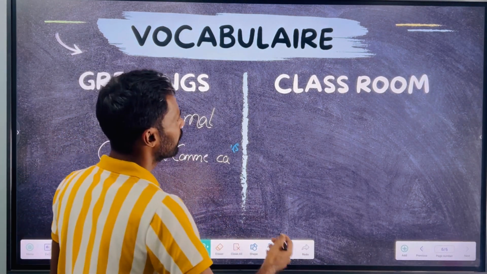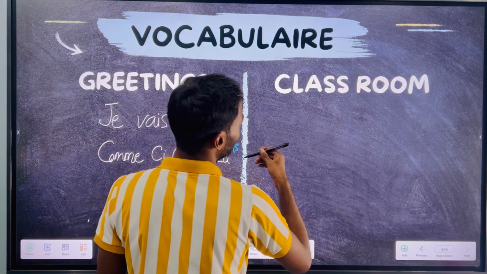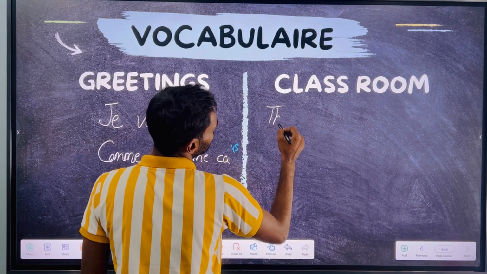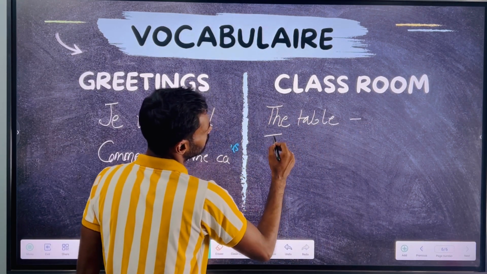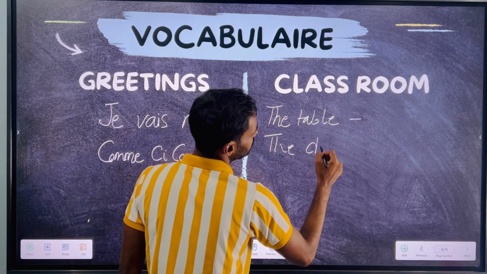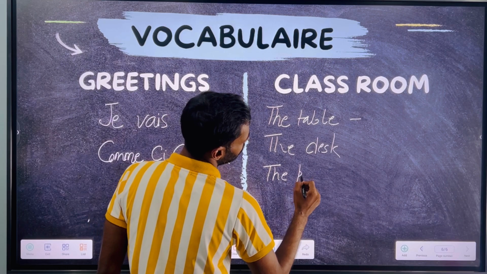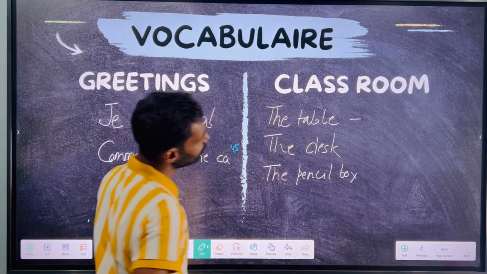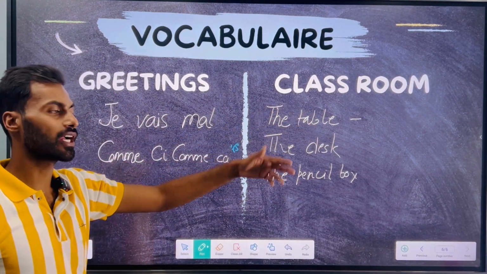We have studied the classroom words, so let's take up a few more words. That is the table, the desk, the pencil box. So these are the words, and what are the French vocab for these words?